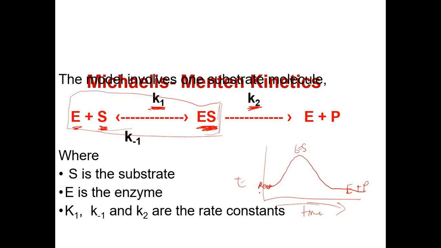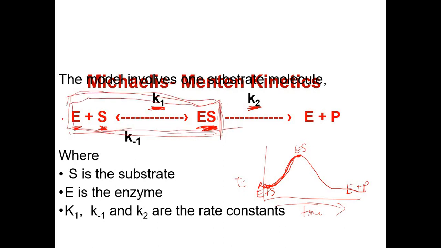This is the first reaction. This enzyme and substrate must bind together to form the enzyme substrate complex. So up to here, it should be the ES. This is step 1.